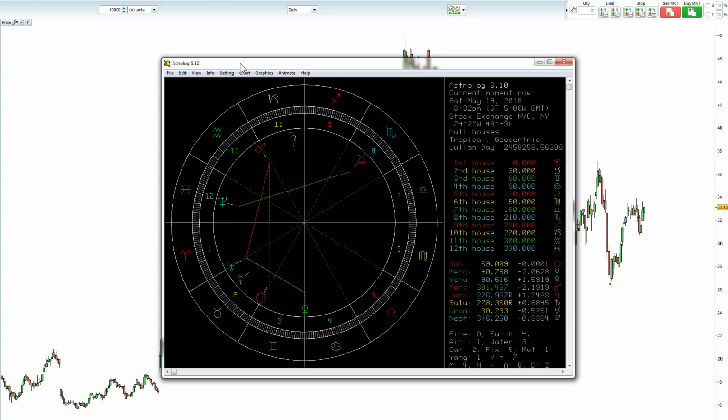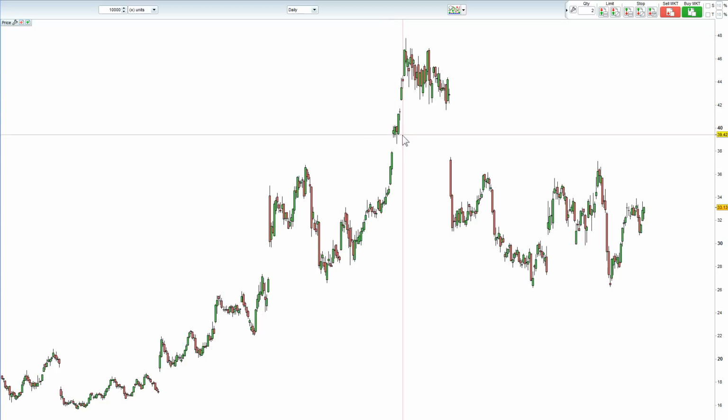Okay. Now as we move forward, we see that the opposition of Mercury and Saturn, you got June 15th. So it's just that one day, June 15th, 2018. And we get June 15th right there. It turns out it is the absolute high of this move right here.